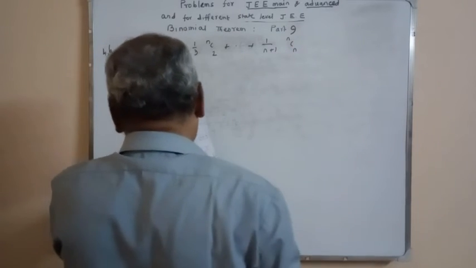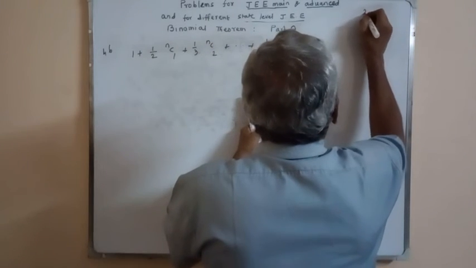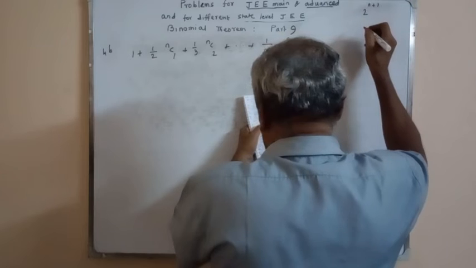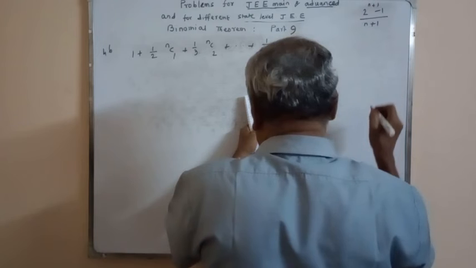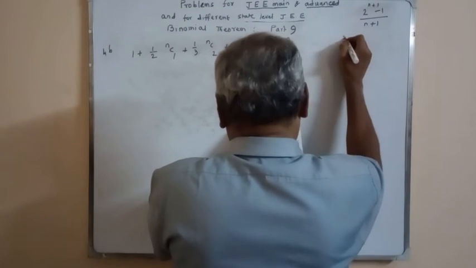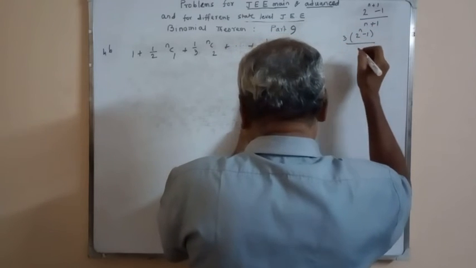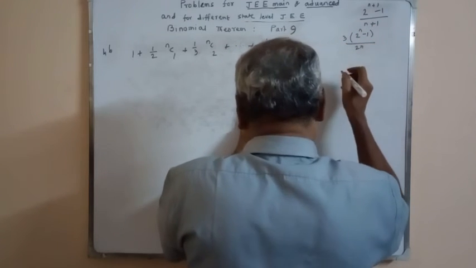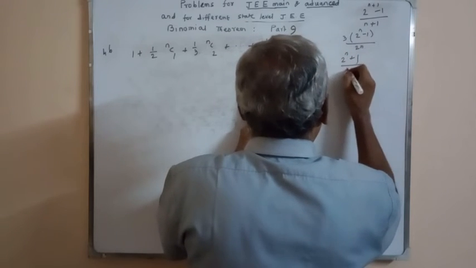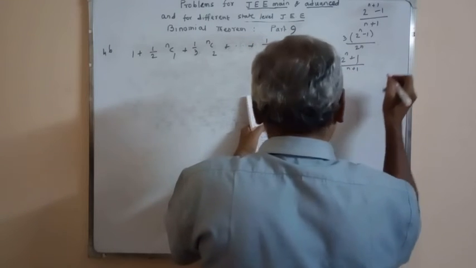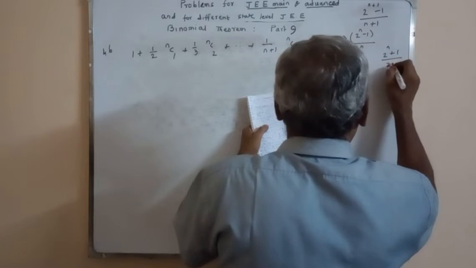The value of this sum, how much? Option: 2 to the power n plus 1 minus 1 by n plus 1. First option. 3 into 2 to the power n minus 1 by 2n. 2 to the power n plus 1 by n plus 1. And last option is 2 to the power n plus 1 by 2n.